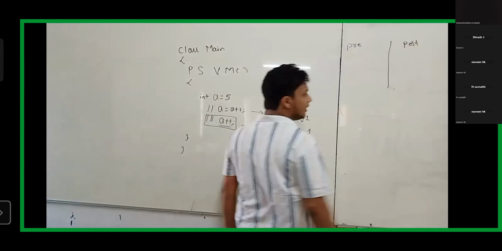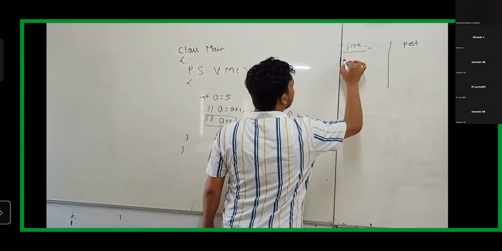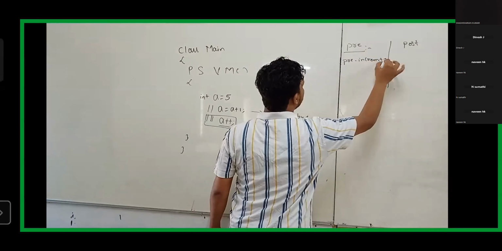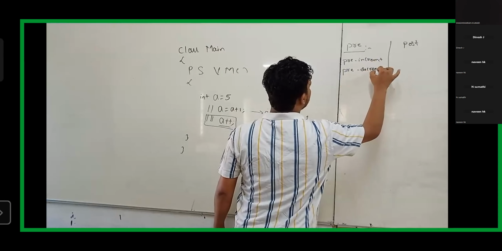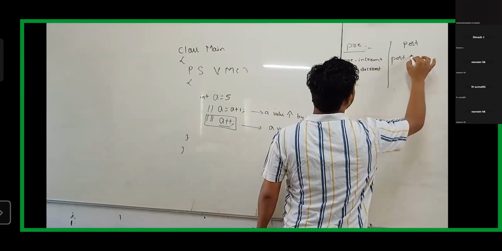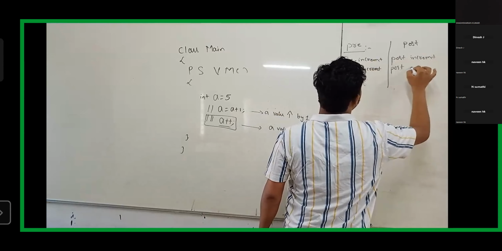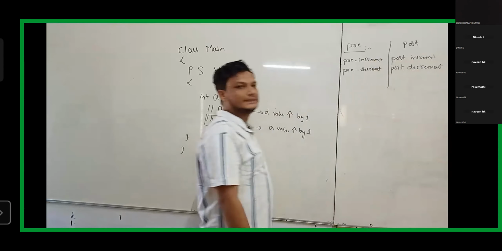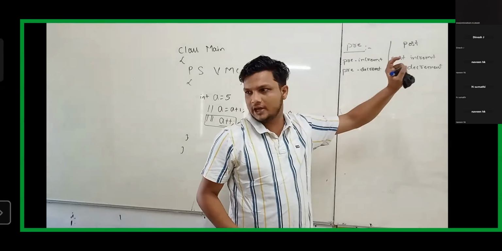Under pre there is pre-increment and pre-decrement, and under post there is post-increment and post-decrement. Same operation, but they have classified it this way.